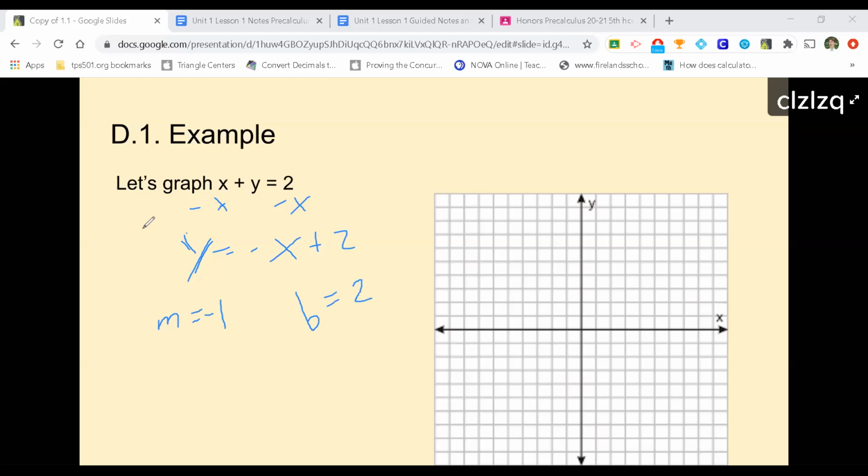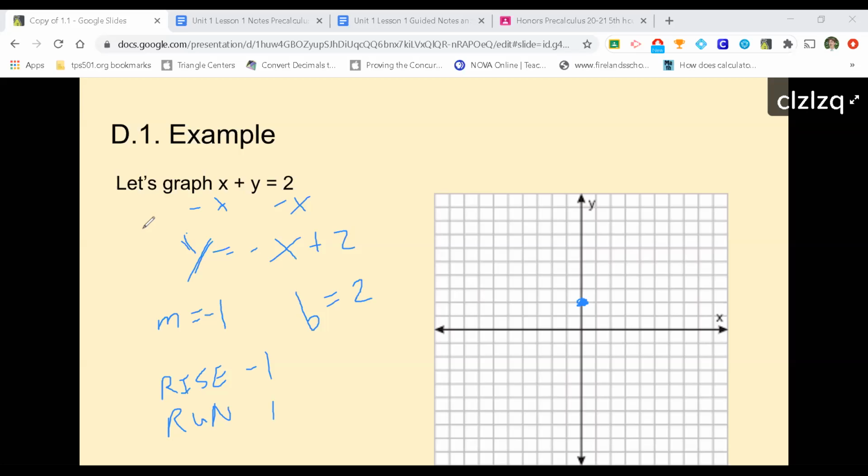I then plot the y-intercept, and then use the slope. This tells me I have a rise of -1 and a run of, notice that there isn't a -1 over something, so the run is always going to be 1, right?